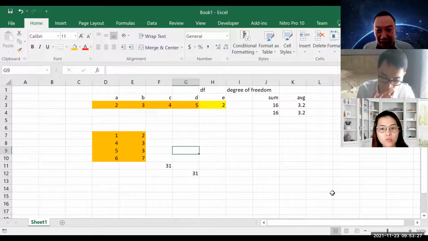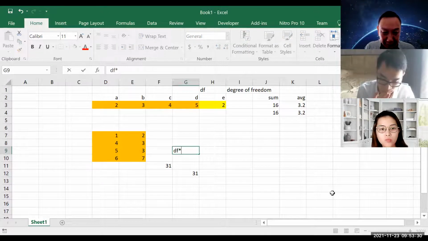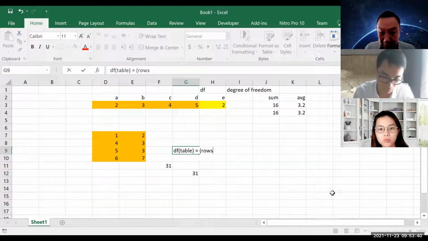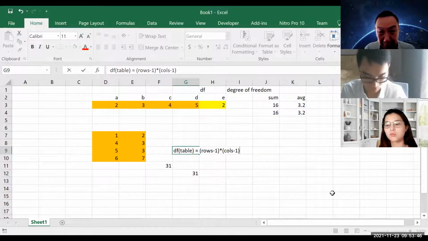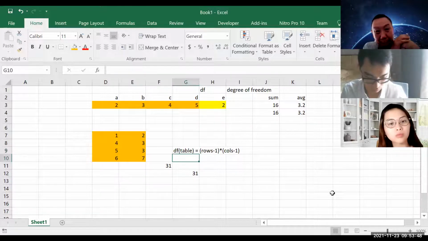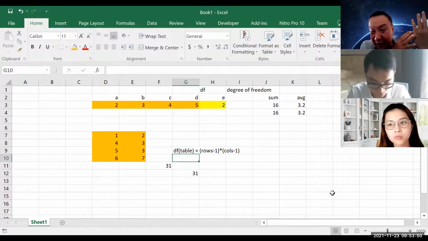So the DF of any table, I will tell you, is equal to the number of rows minus 1 multiplied by the number of columns minus 1. So how many rows here? 4 rows, right?